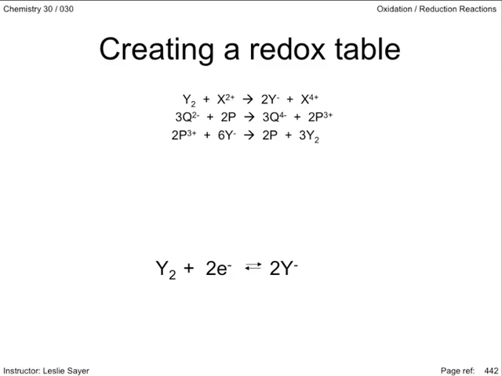So please be comfortable with knowing how to write reduction half reactions, where the reactant is a positive ion, a negative ion, or an element. The Y2 element reacts with the X2 plus ion, so the X2 plus ion must be positioned below the Y2 half reaction. This orientation is consistent with the first equation.